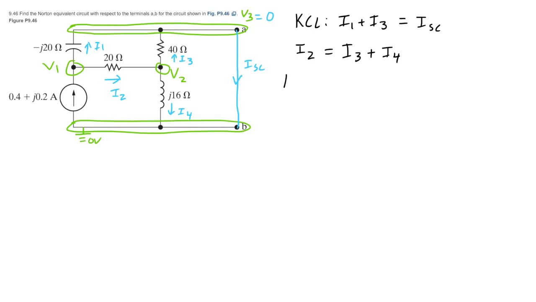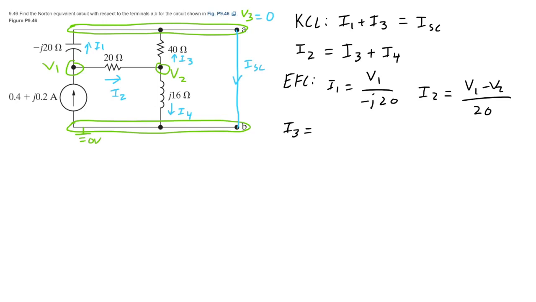Now we use our equations. We can say that I1 equals V1 minus 0 over j20 ohm. I2 is going to be V1 minus V2 over 20 ohms. I3 is going to be V2 minus 0 over 40 ohms.